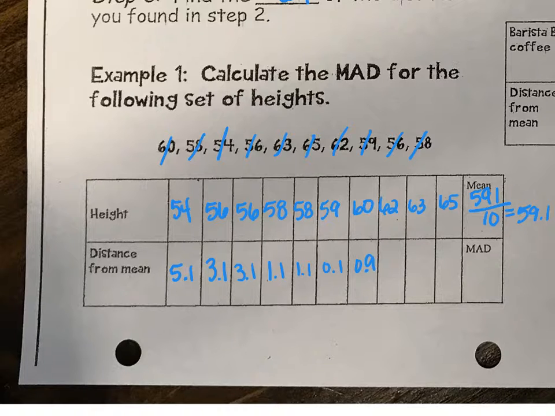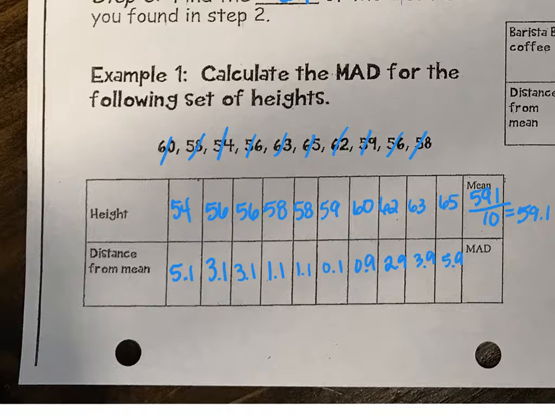No negatives. We're just looking at the distance from the number, so it's the absolute value. It's always going to be positive. Okay, so 62 minus 59.1 is 2.9. And then 3.9. And then 5.9. Okay, so are y'all good with my values there?